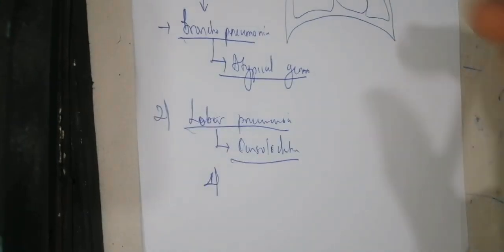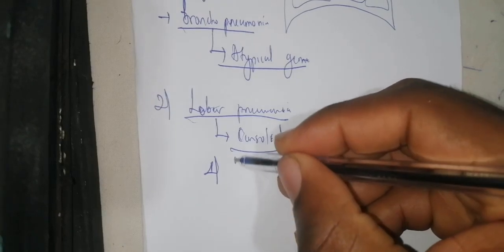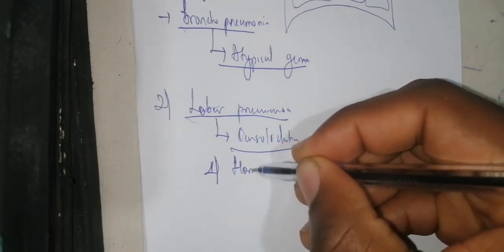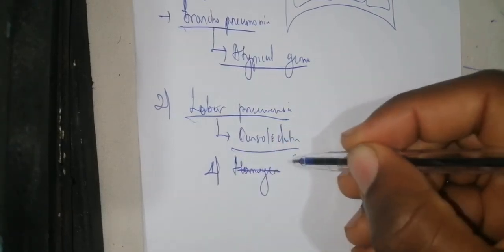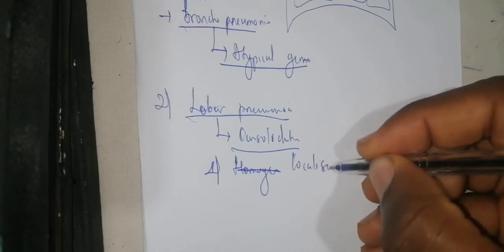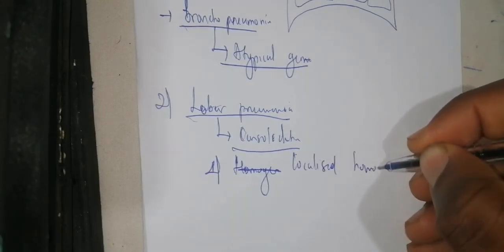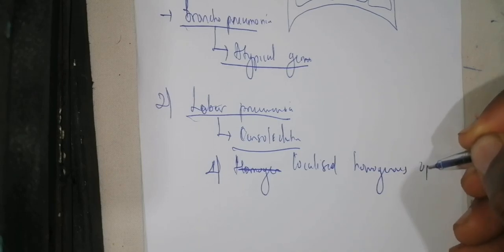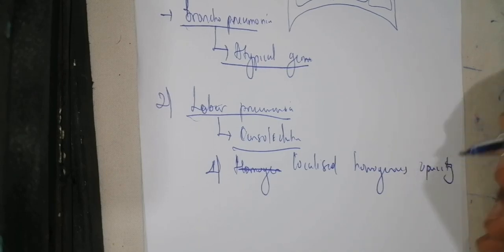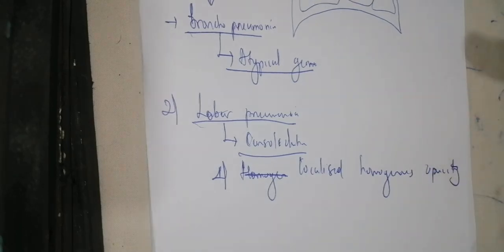The first element of consolidation syndrome is that you're going to have a localized homogeneous opacity. Is it clear? That is a consolidation radiologic sign.